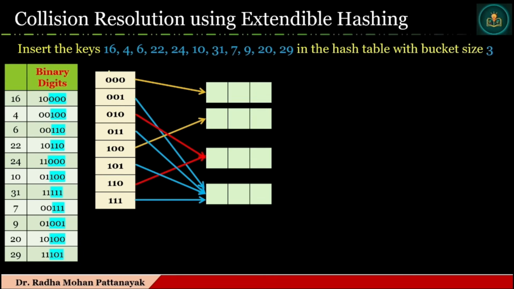Now see here, I have split the global bucket. This is your global bucket with size 3 and these are the local buckets. And this 00 entry from the before table has divided into two different buckets. One will be represented as 000 and the second will be represented as 100. How will you know?